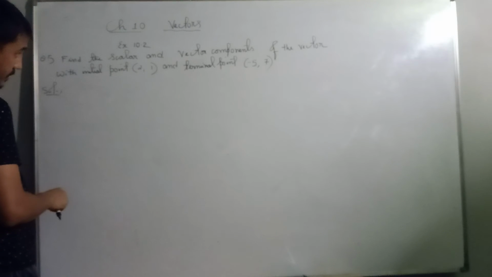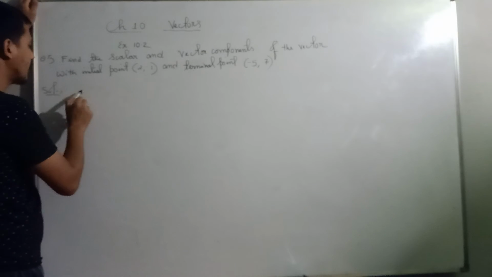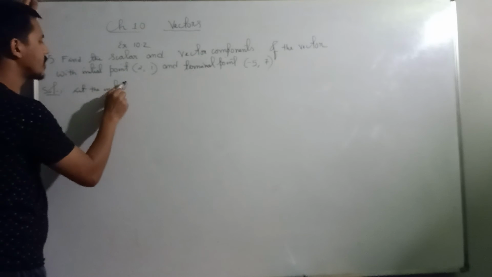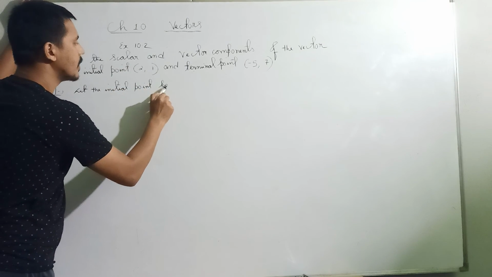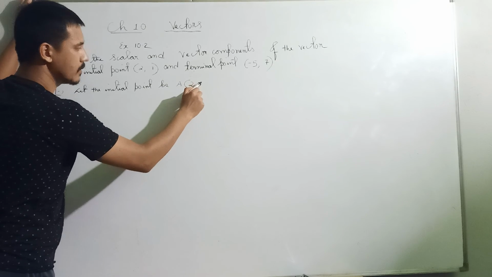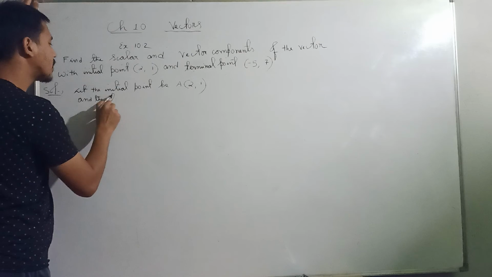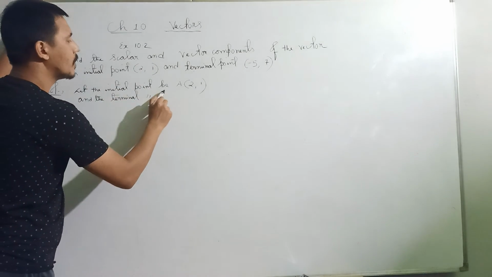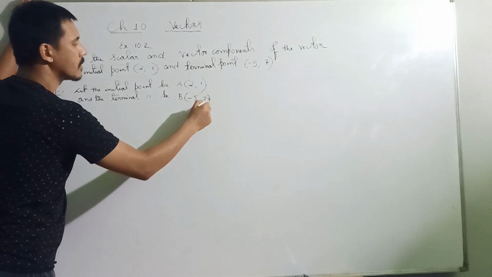So let the initial point be A with coordinate 2, 1. And the terminal point be B with coordinate minus 5, 7.